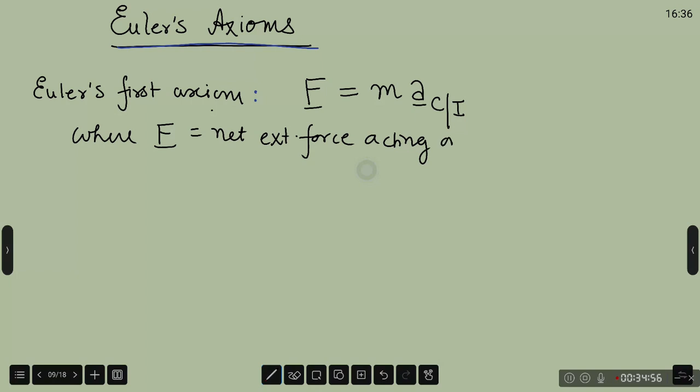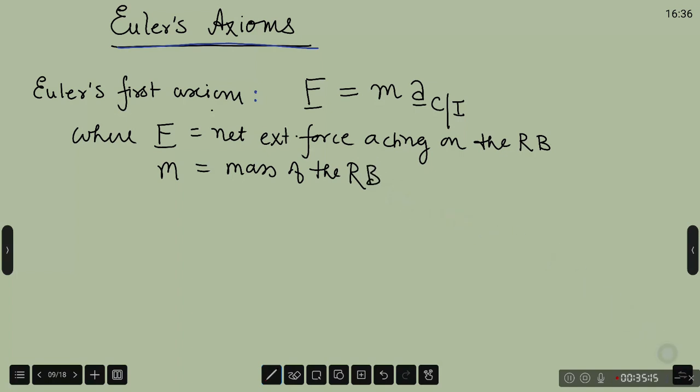So we have force or a force related quantity on the left hand side. What is M? M is the mass of the RB.